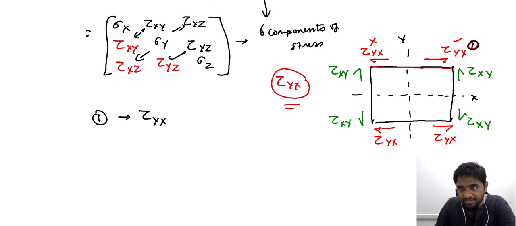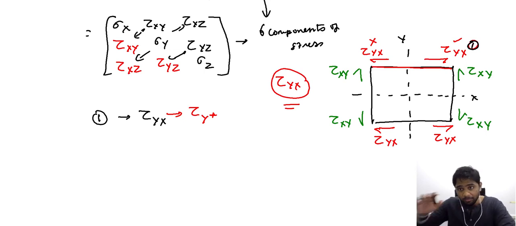Therefore, this stress can be written as y plus. I am including the plus to indicate that this stress is acting on a plane that cuts the y-axis on the positive side of this coordinate axis. So this is the positive side and this is the negative side, and so on.